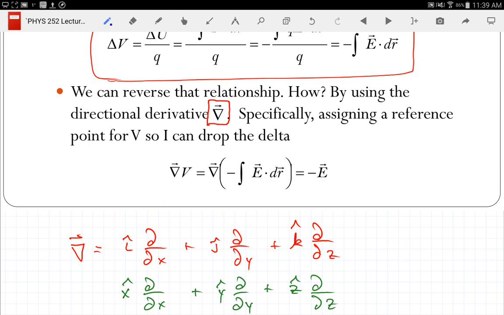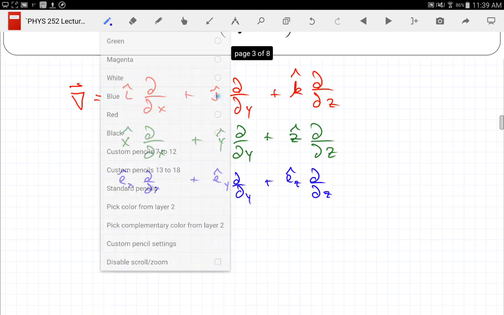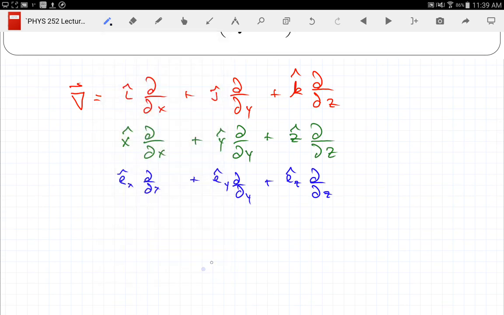Is that like derivatives cancel out integrals or something? Essentially, yes. The fundamental theorem of calculus says that d dx of integral of a dx has to equal a. That's essentially what Michael said.